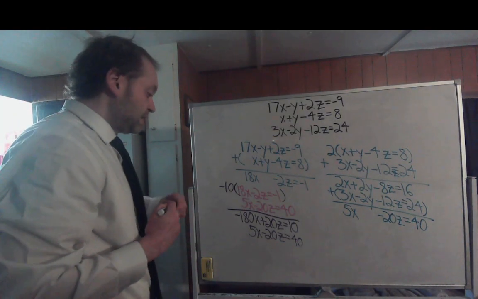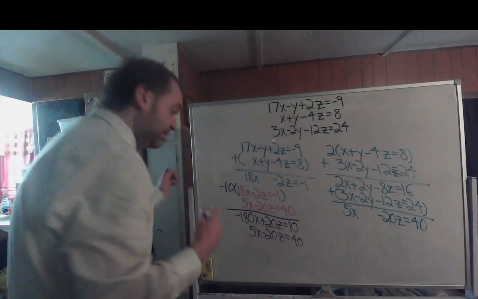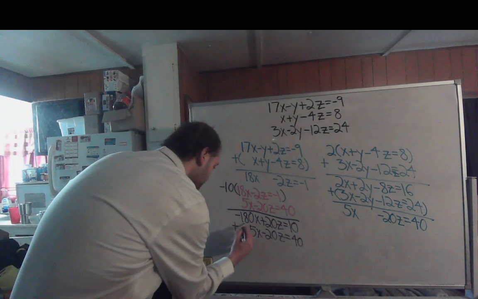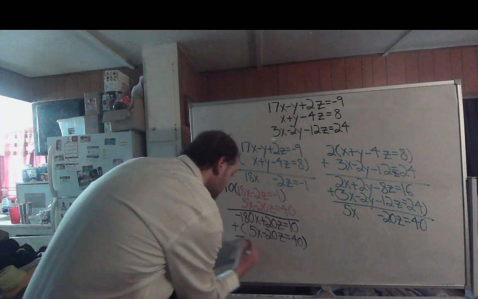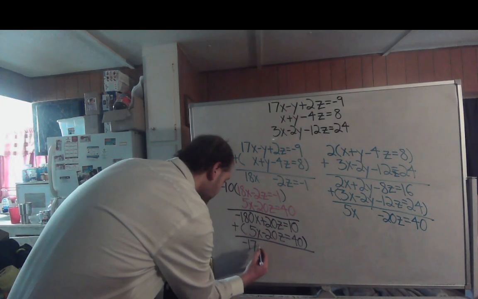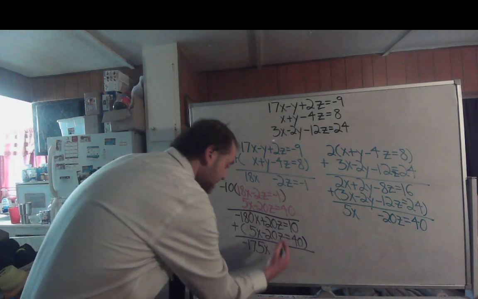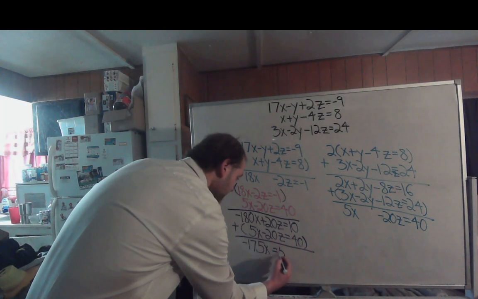Well, if I add these two new equations together, I can eliminate z. So let's go ahead and do all that. Negative 180 plus 5, that's negative 175x. The z's go away, but 10 plus 40 equals 50.